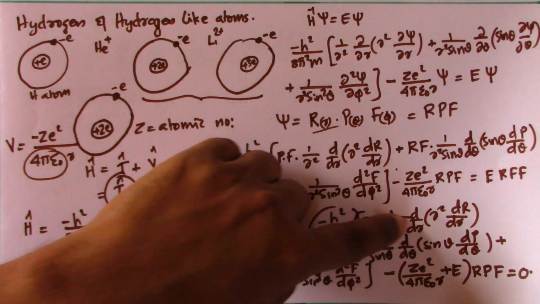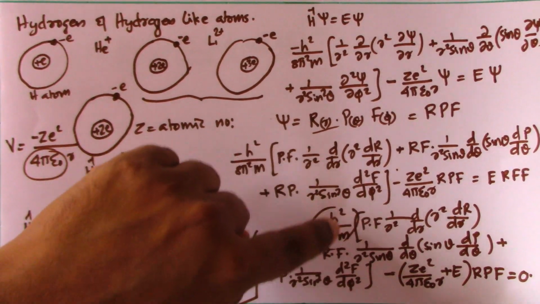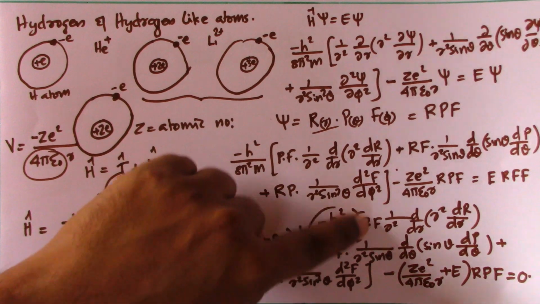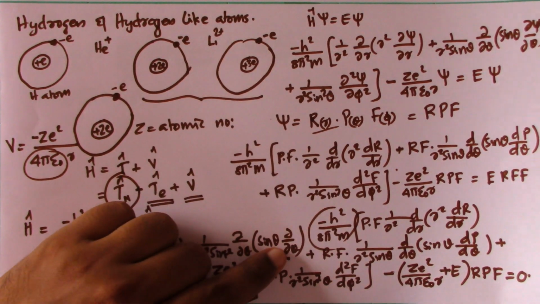So up to that, minus h square by 8 pi square m was a common factor, so this term has been cancelled by multiplying with this one.